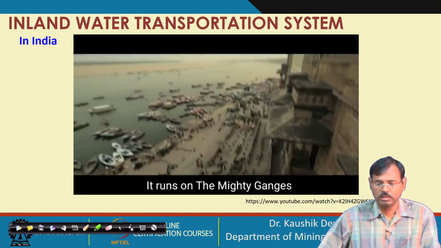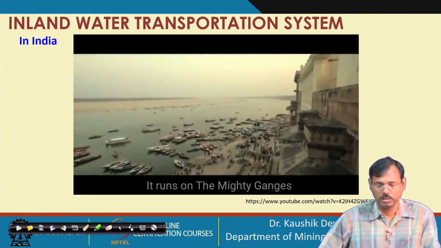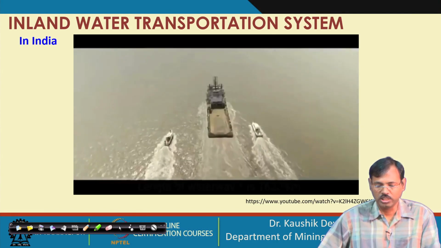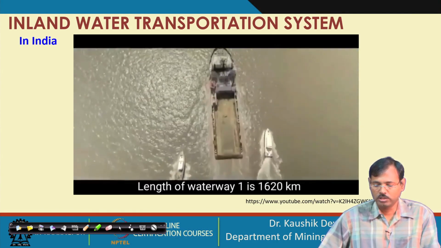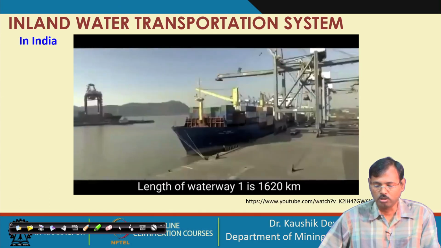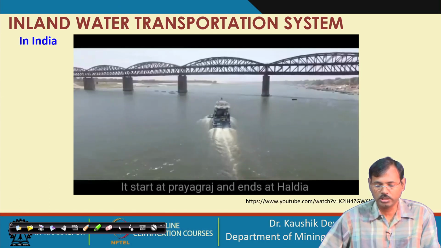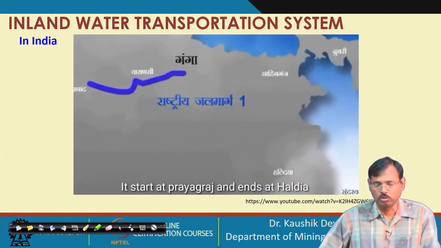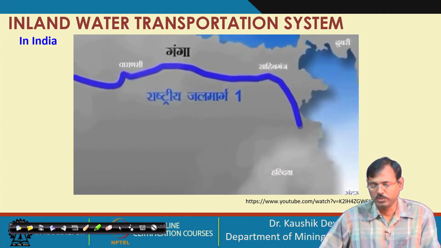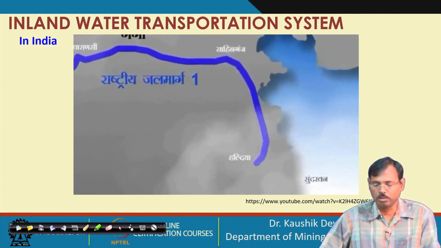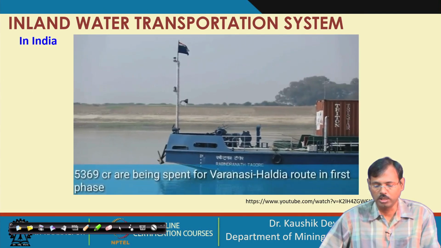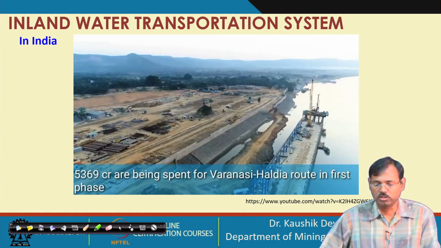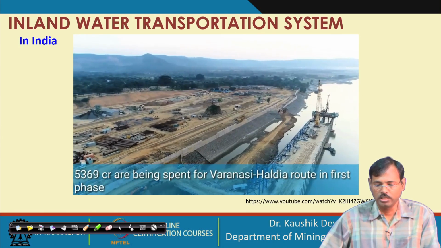And this National Waterway 1 is basically the water connection through the river Ganga. A 1620 kilometer long waterway is constructed from Prayagraj to Haldia port. So, it is from almost close to Allahabad to the Haldia port, and this is the port which is constructed in Haldia.